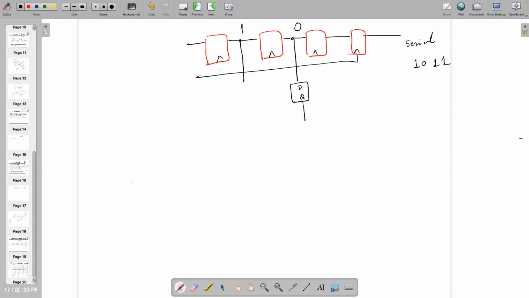It's a synchronous design. So keep it here. Now it's remembered by this flip-flop. It will be here 1. But in case I want to read the previous one, serial in might be 100 bits long or maybe continuous in time.